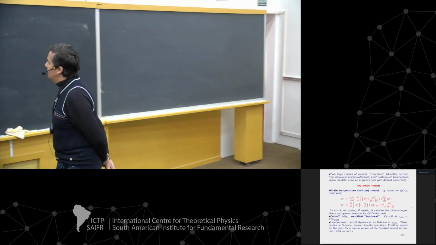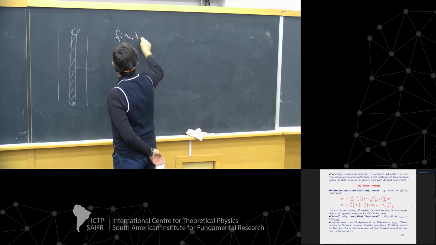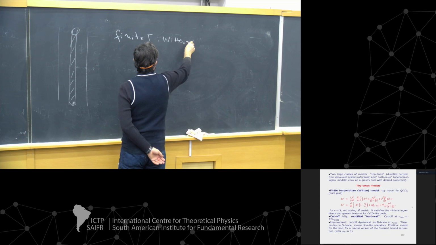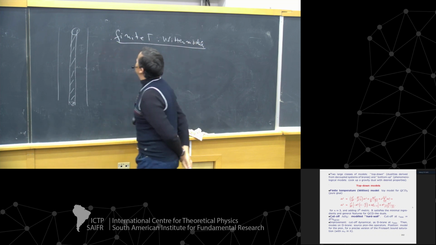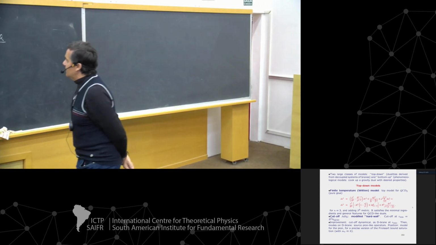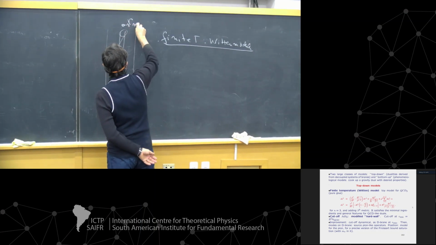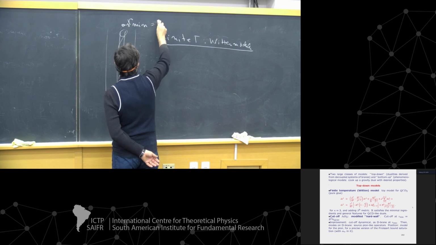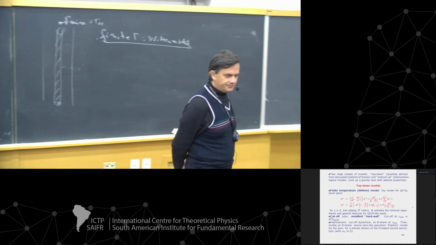And this finite temperature Witten model satisfies the minimal ingredients for QCD duals. It has this cutoff, so the cutoff R minimum is given by the horizon, R horizon.